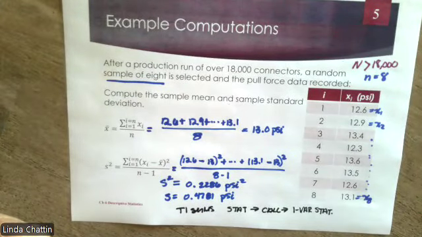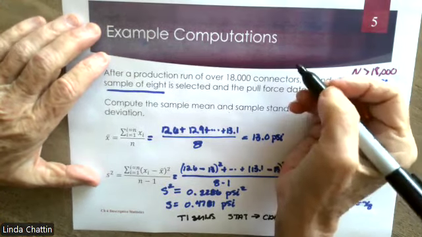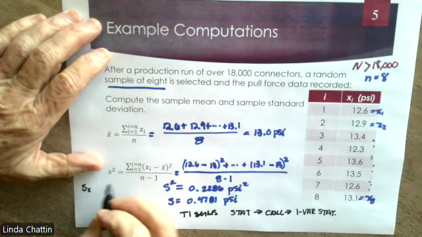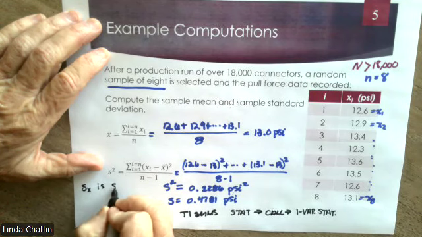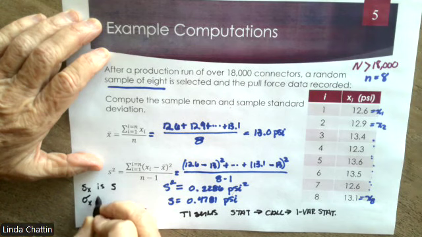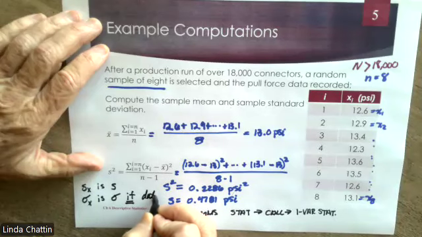When we're using those functions in the calculator, this is what you're going to want from the calculator. When the calculator says Sx is my sample standard deviation, it will also give you sigma x, and that would be the population standard deviation only if the data are the population.